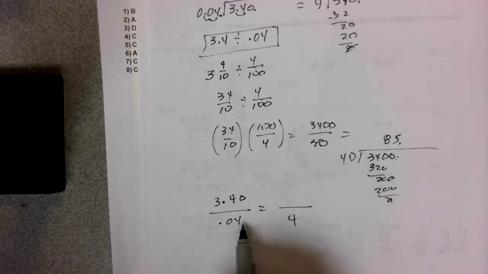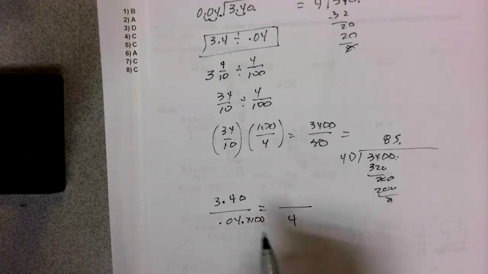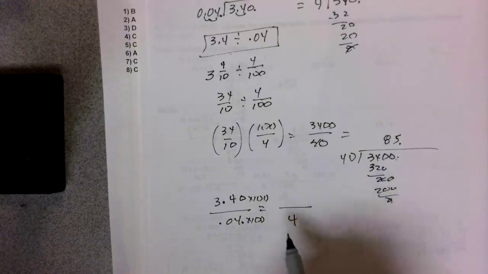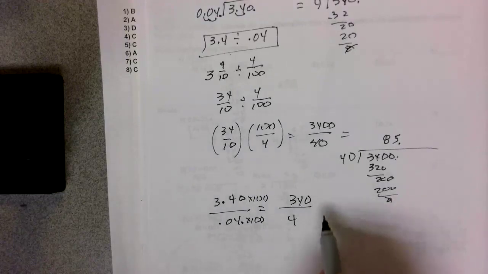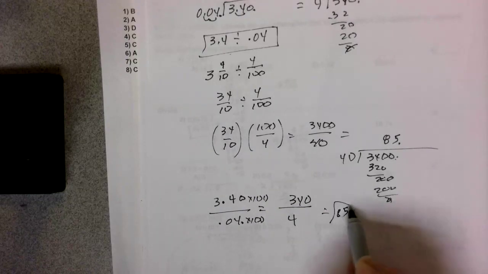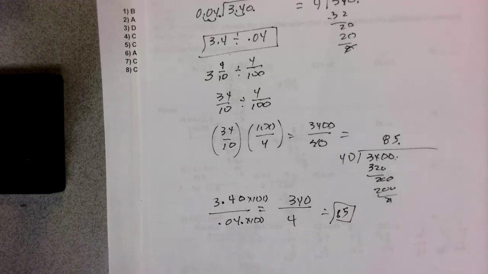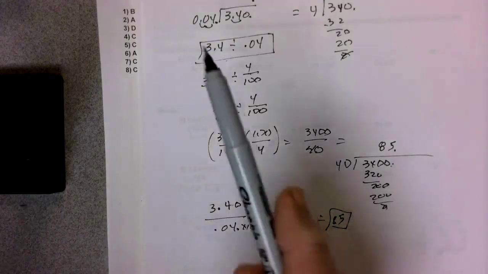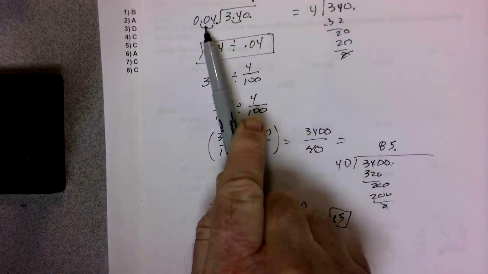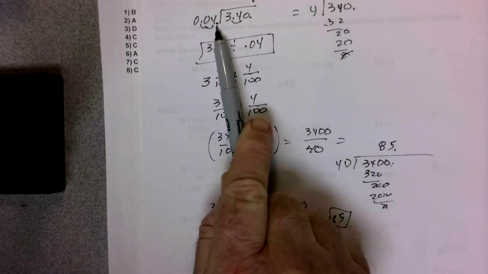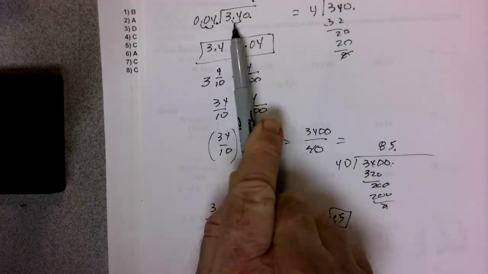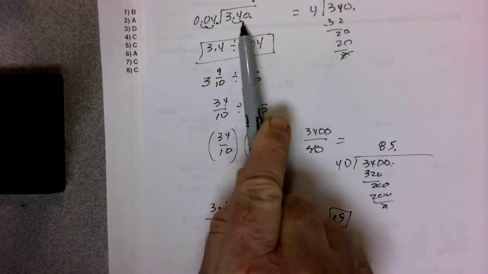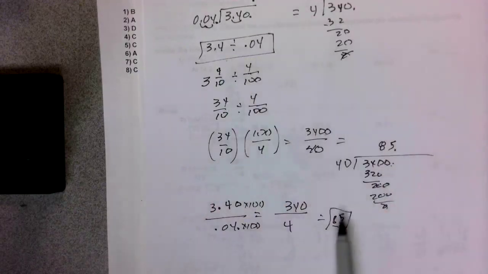Because multiplying by 100 does what? It moves the decimal point 2 places to the right. So if I multiply this times 100 and multiply up here times 100, I'm now going to get 4 into 340, which is also going to be 85. So the normal method we would describe for you to do this is we would just simply say, move the decimal point to the right the number of places so that you create a whole number divisor. Also move the decimal point in the dividend the same number of places, and you wind up getting this.